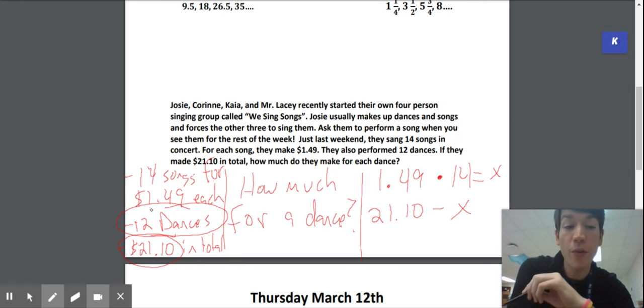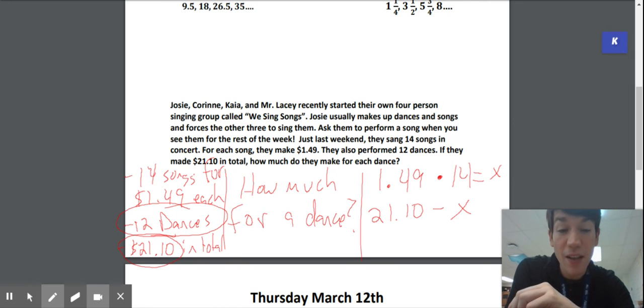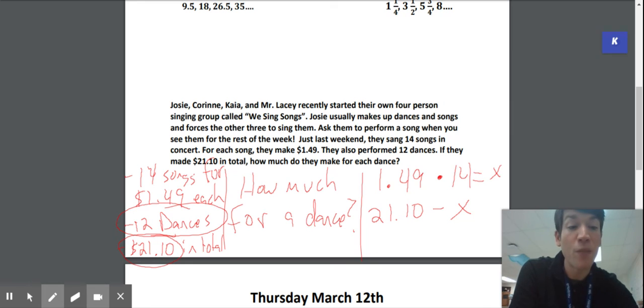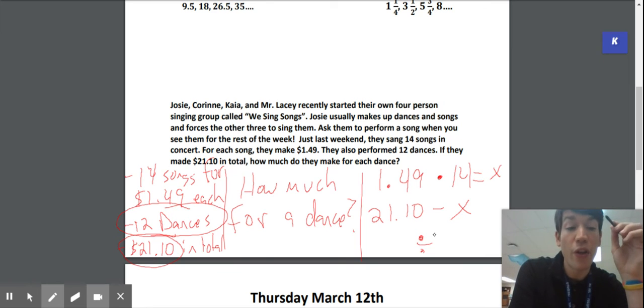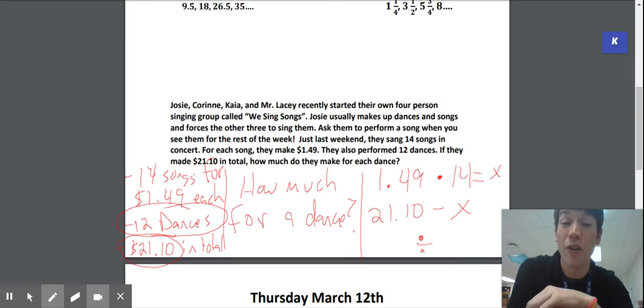So if I know that there's 12 dances, what I'm left with is the total for all the dances. Think of how I can split that up into 12 different pieces. It sounds like I'm going to have to divide in that last step. So think about those three steps that are all going to be really important there.